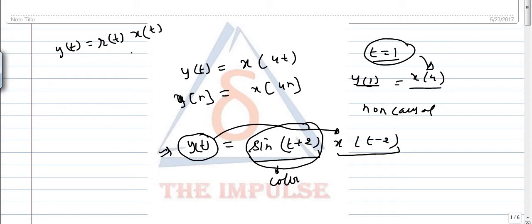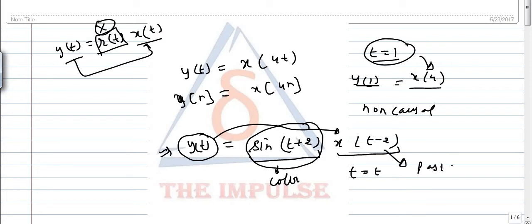We will not consider the effect of this. We will check whether the output depends upon the present value, past value, or future value of input. Let us assume t is the present value of time, so t minus 2 represents the past value of input. So my output depends only on the past value of input, so this system is causal.